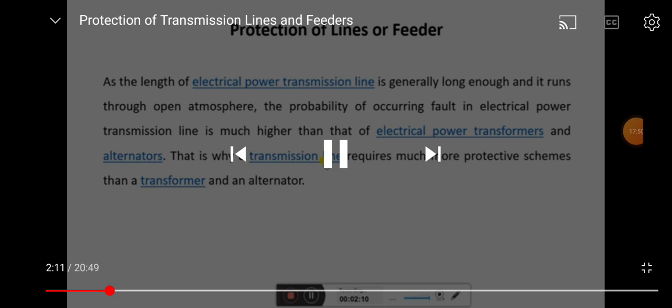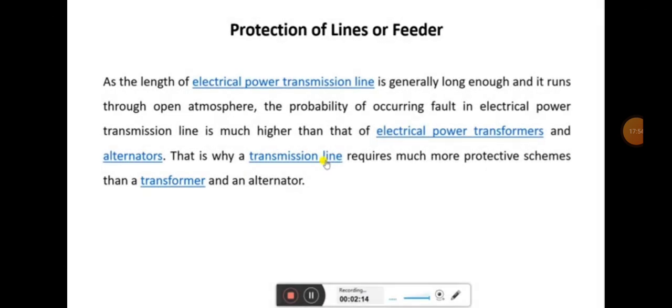The same thing is defined here: as the length of an electrical power transmission line is generally long enough and it runs through the open atmosphere, the probability of a fault occurring in an electrical power transmission line is much higher than that of electrical power transformers and alternators.